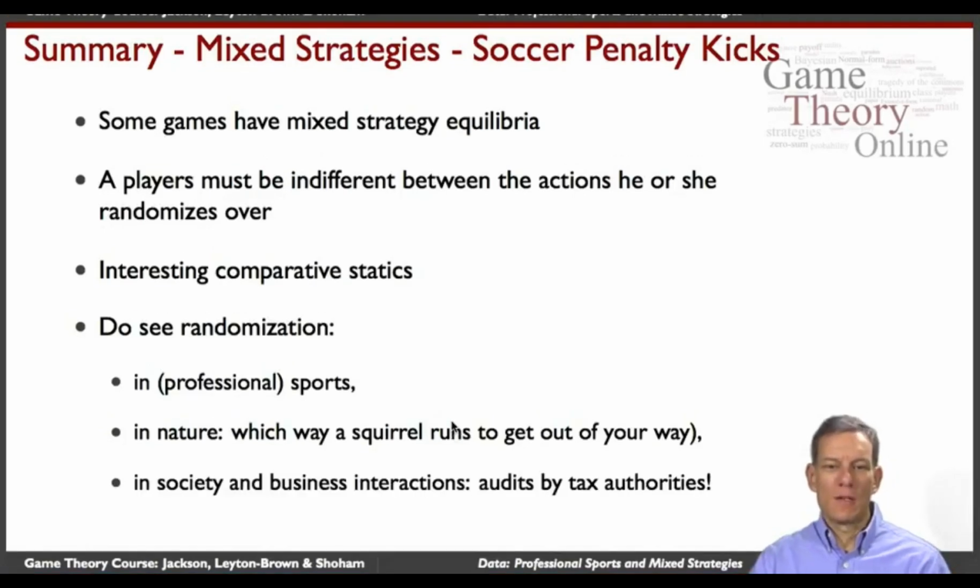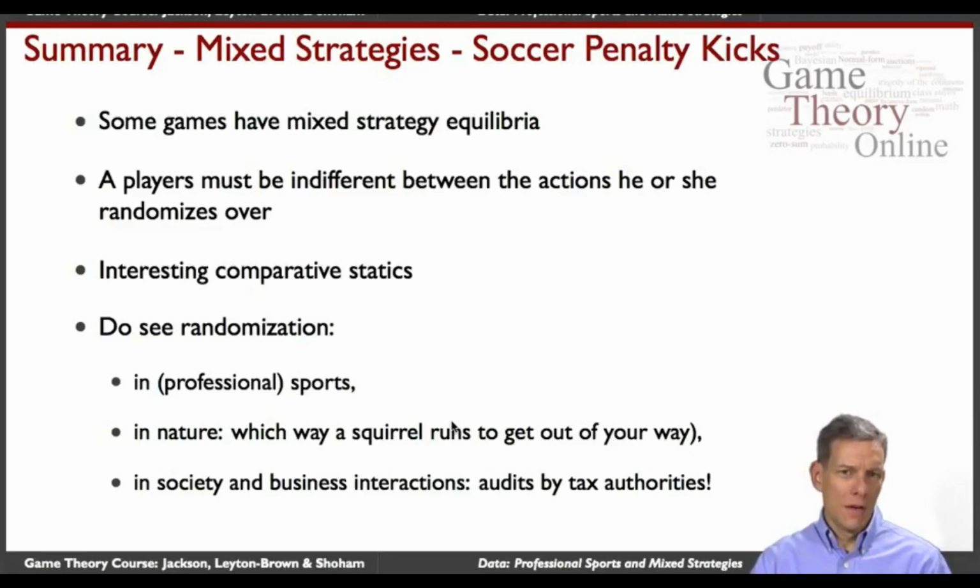Many business interactions too. If we look at things like tax auditing, that's a game where it's competitive, and tax authorities don't necessarily want you to know exactly whether you're going to be audited or not. They might want you to have some uncertainty. They can't audit everybody in the population.